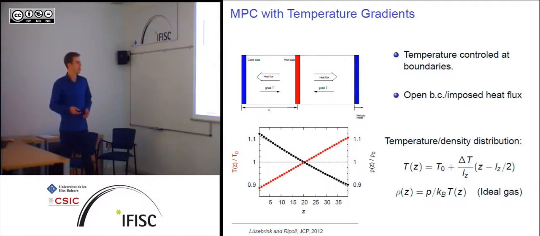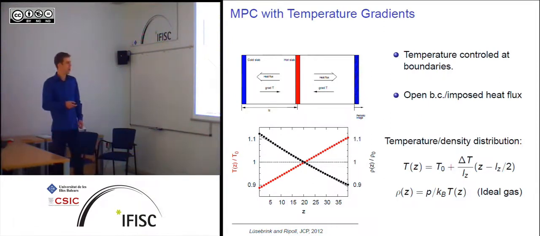And here is an example of how the temperature distribution in our system looks like. So we control the temperature here at the boundary, and in between we have a linear temperature gradient which evolves by itself, so to say.